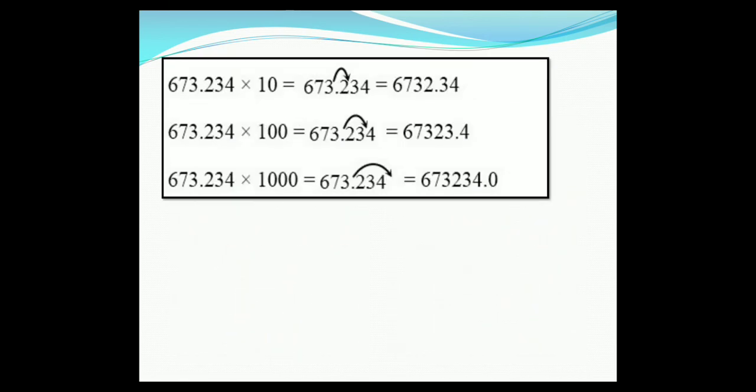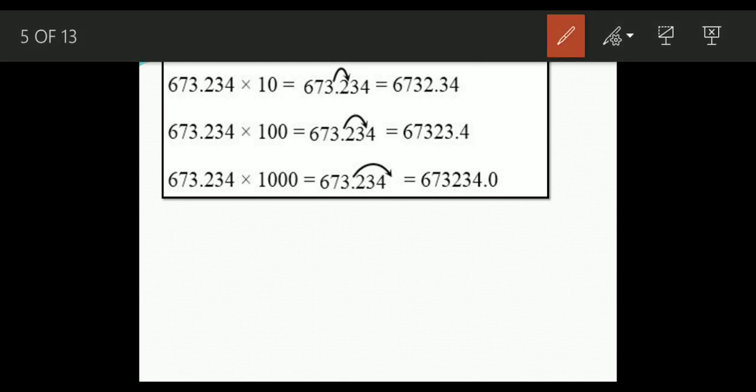Clear? So I have given a few more examples. You can see 673.234 I'm going to multiply by 10, right? So in 10, how many zeros are there? 1 zero, which means I can move one place. So the answer is 6732.34. Here I have 2 zeros. So how many places can I move? 2 places. Okay, here I have 3 zeros.